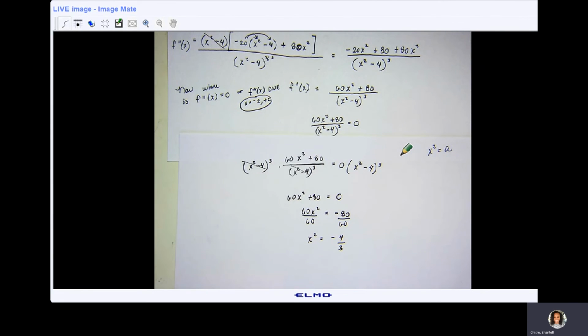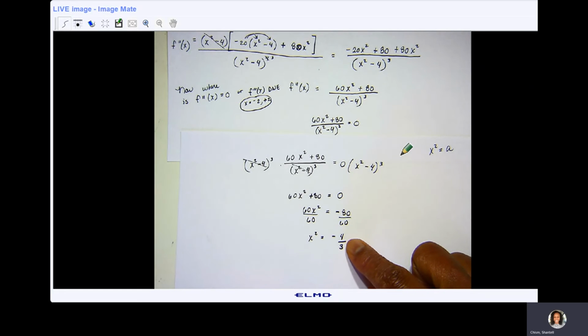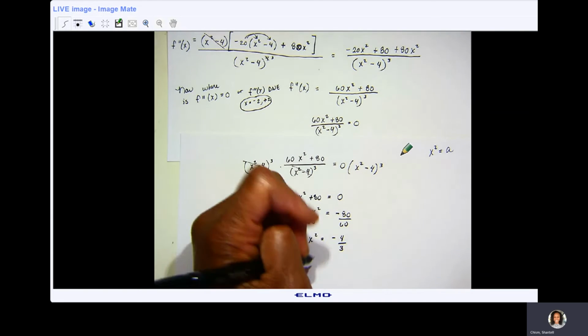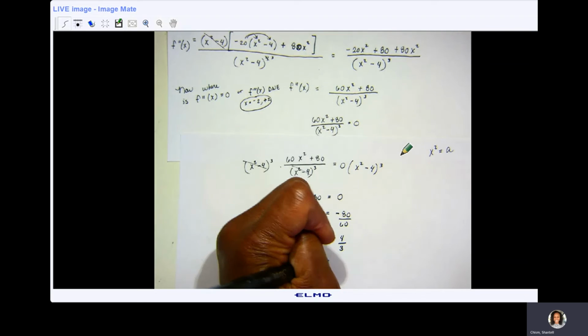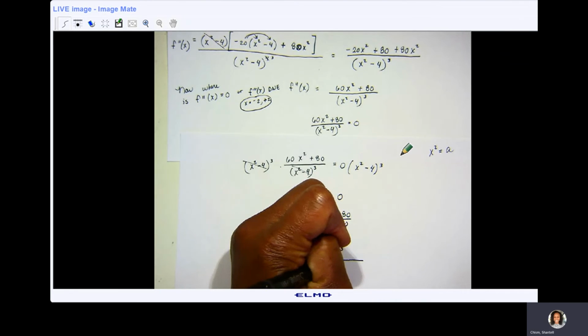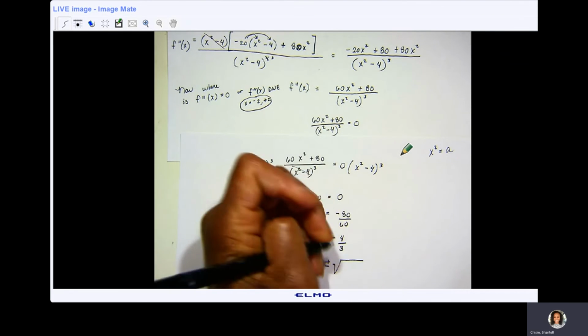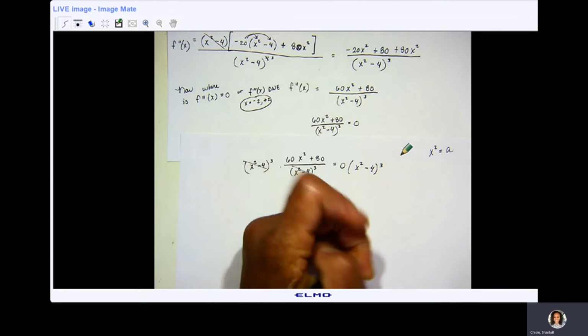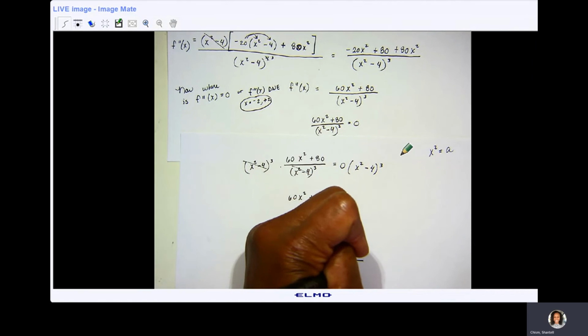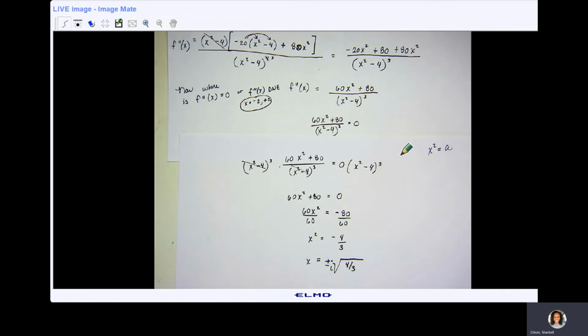Okay? Now, x squared equals -4/3. That is an issue. The reason is because you cannot take the square root of a negative number and get a real number. So when we do this, it ends up introducing i, and then we've got the square root of 4/3.